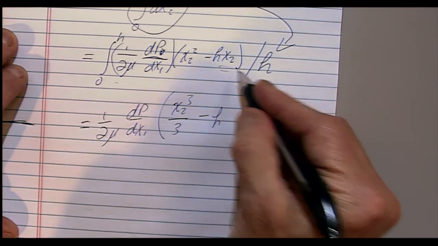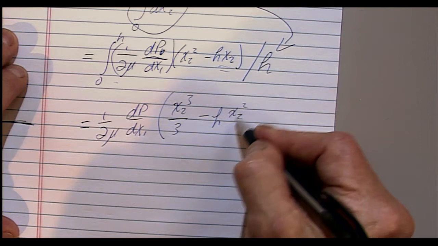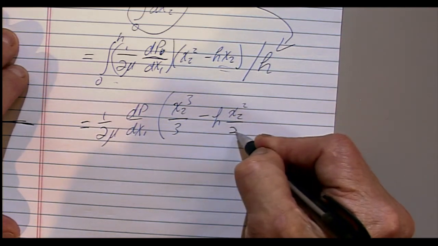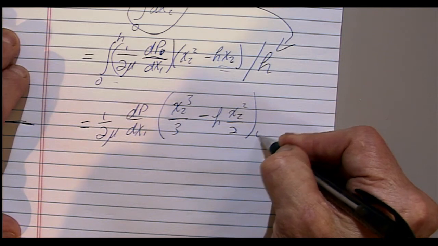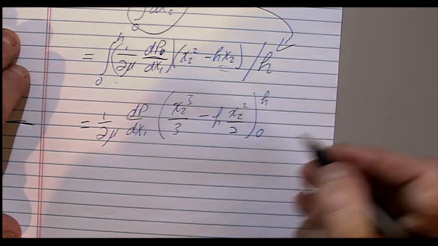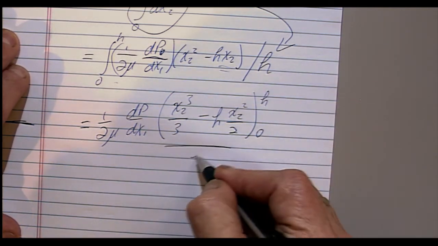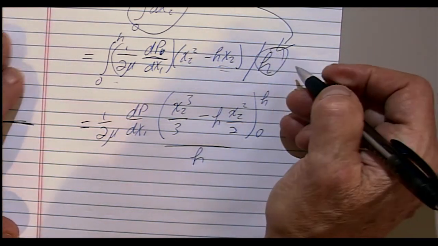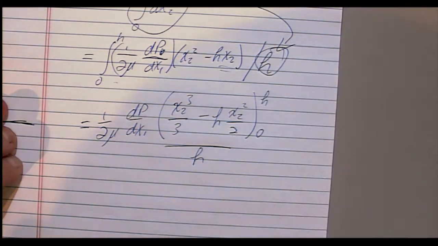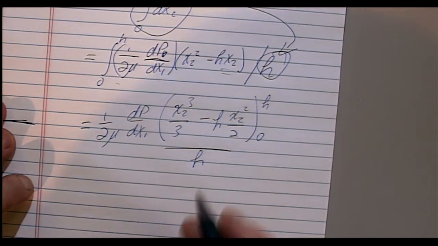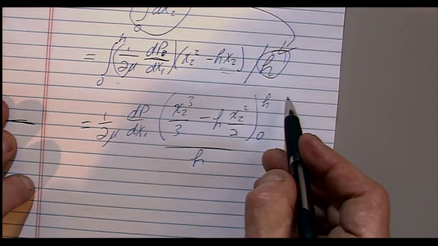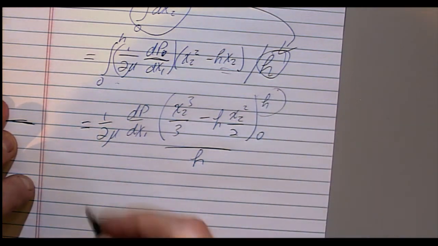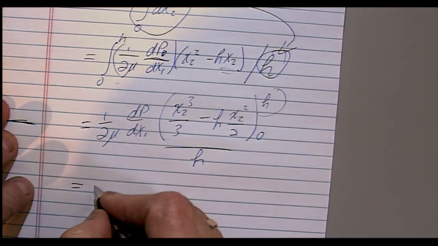And the integral of the second part gives me x2 squared over 2. And I have to evaluate that between 0 and h. And this is all divided by this h that we had here. Okay, and if I do all that, when I evaluate at 0, I'm going to get zeros, so those are going to fall away. And so the only place I'm going to be left with something is when I evaluate at the bottom surface.